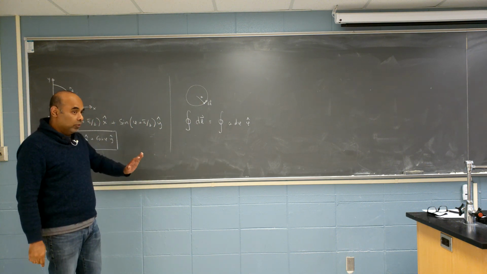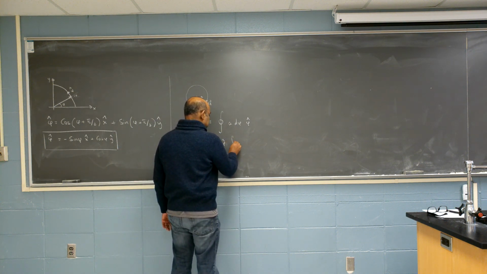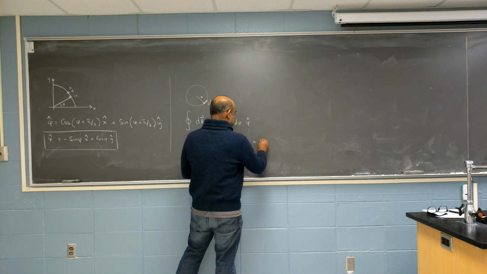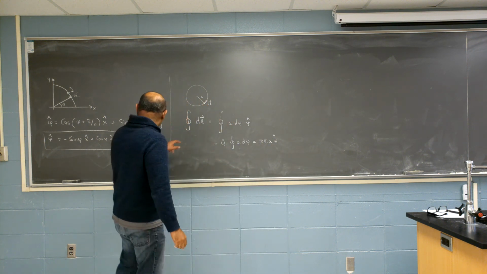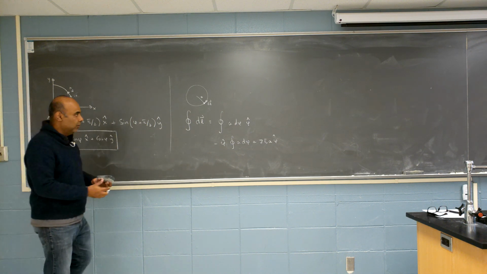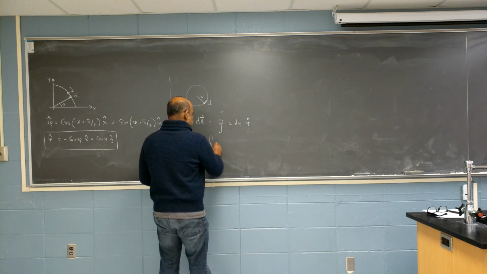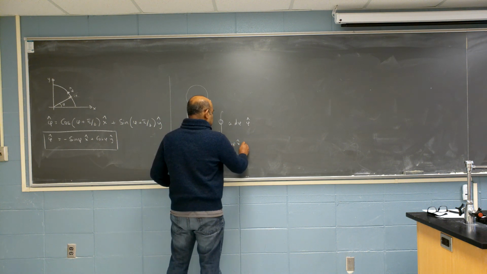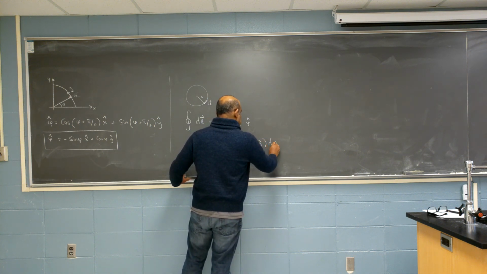So again, don't write this down. If you say, well, that's equal to phi hat, and this is my integral A d phi, this is wrong. You will get 2 pi A phi hat. That's not true, because phi hat is a function of the angle as well. So obviously, A times minus sine phi x hat plus cosine phi y hat d phi.